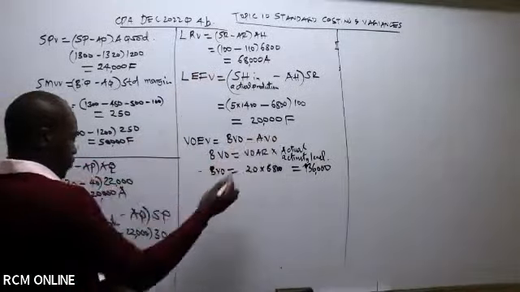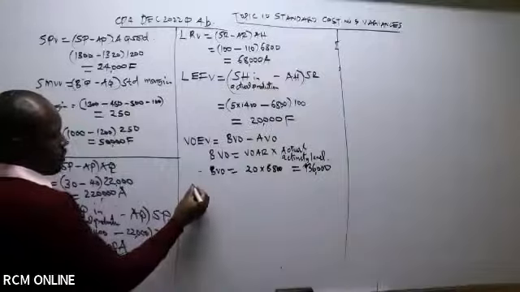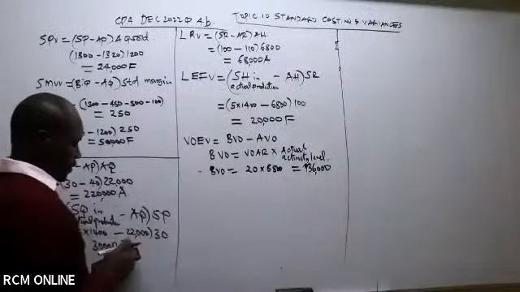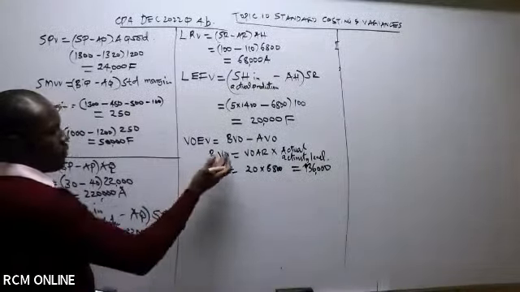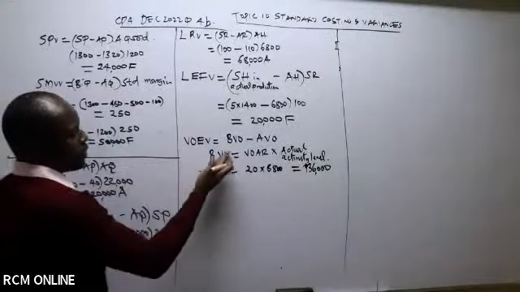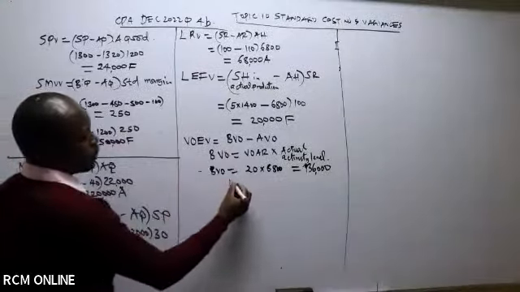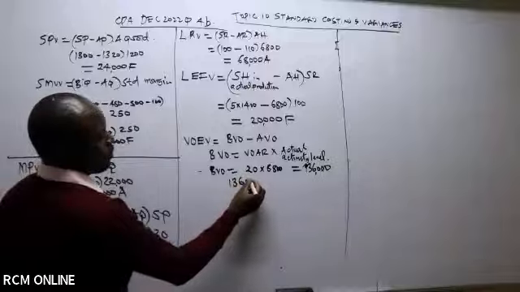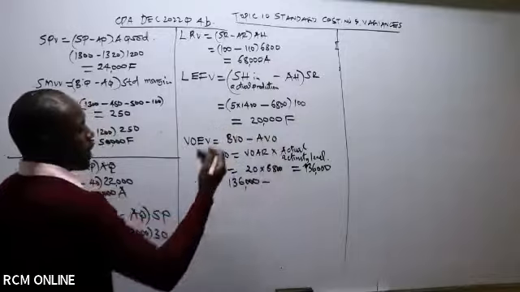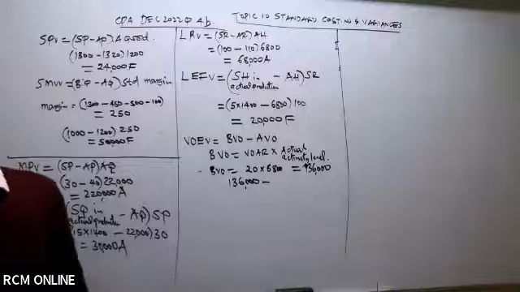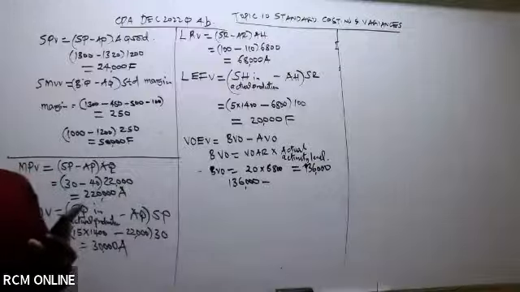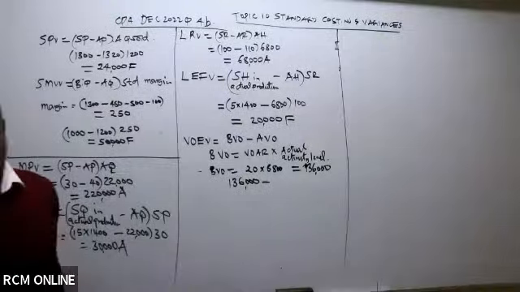Let's look at this. Variable overhead expenditure variance. It is budgeted variable overhead. They budgeted to spend 136,000. They ended up spending the actual variable overhead. Do we have that in the question? Actual variable overhead is 110.